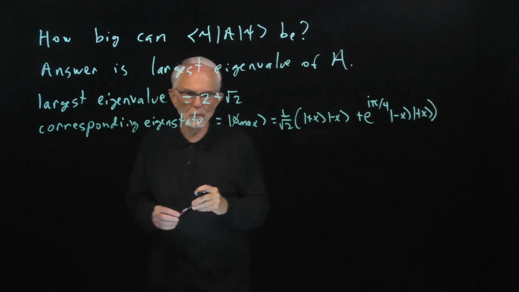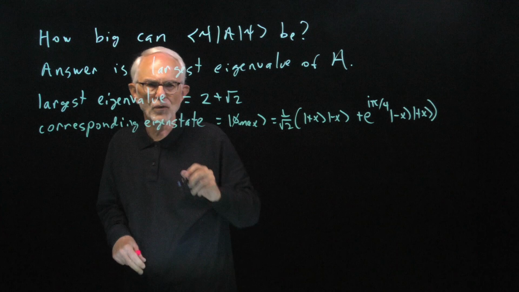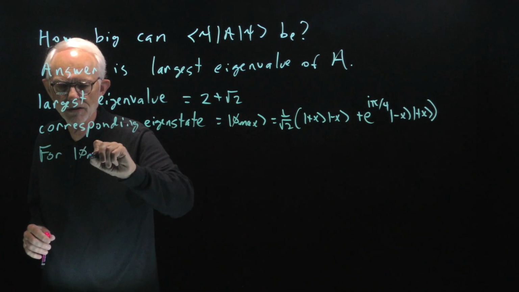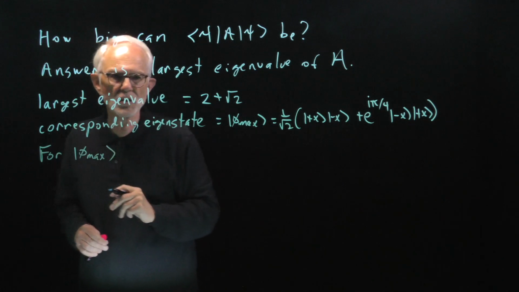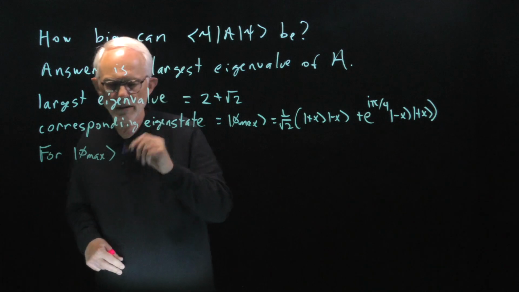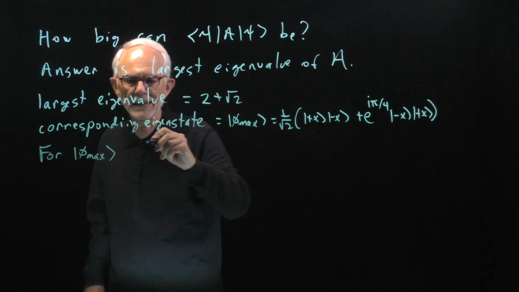So let's just see what we have here. For that state phi max, the sum of the 8 probabilities is just going to be equal to that.